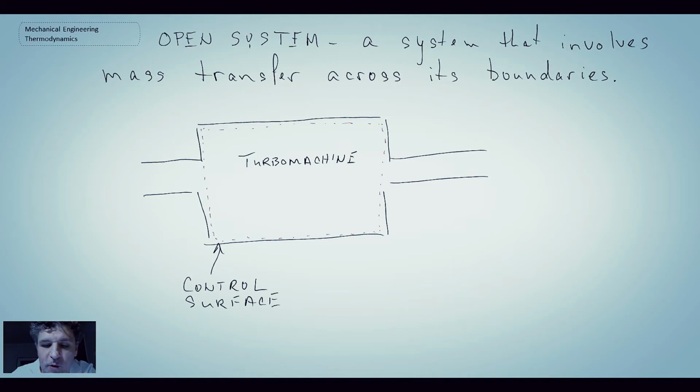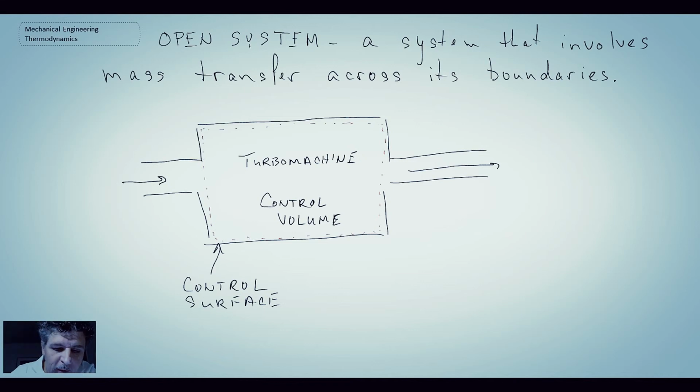And within the control surface, we sometimes refer to this as being the control volume. If you've taken a course in fluid mechanics, you have probably done control volume analysis by applying the momentum or the energy equation. Very similar concept here. So what we have is we can have mass crossing the boundaries. So let's say we have mass flowing in and mass flowing out.